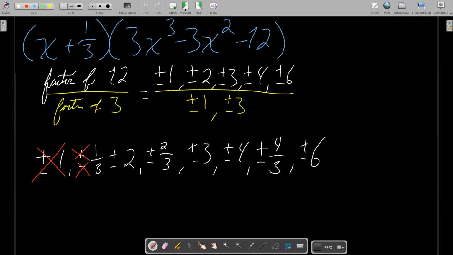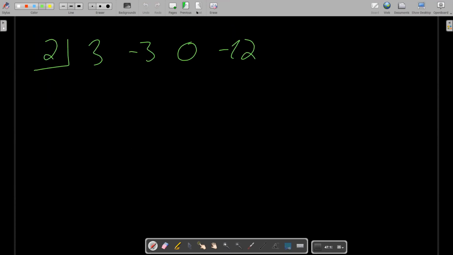Let's make sure that's okay. I'm looking here, because that's what we're dividing this into. So positive 3, -3, 0, -12. Positive, negative, 0. Okay, good.